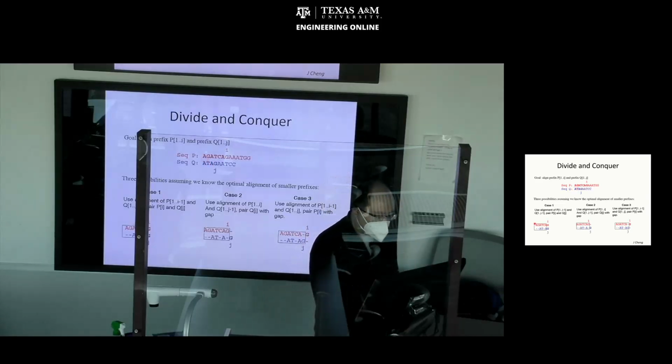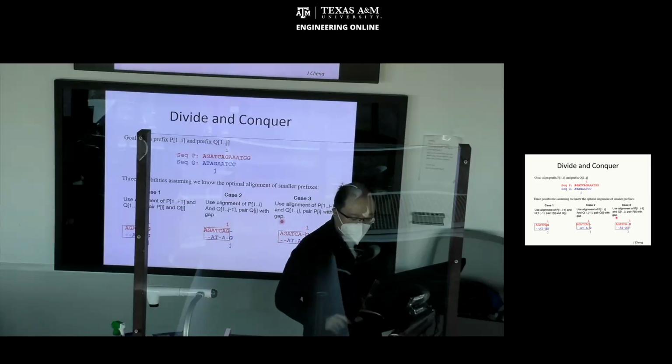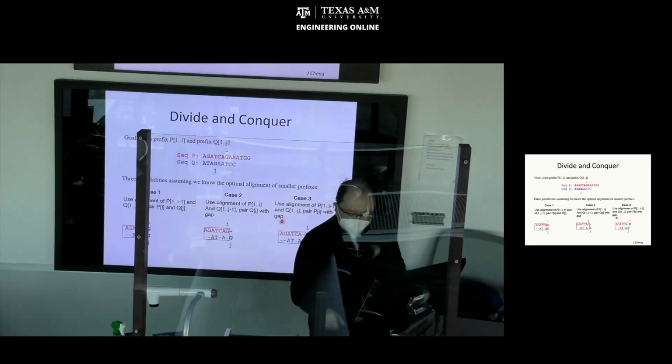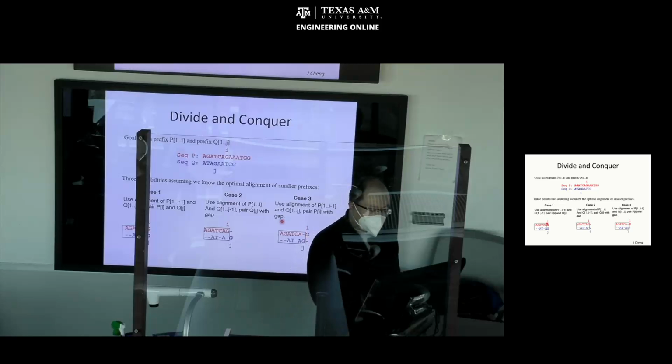That's already in the box, okay? If we already know the optimal alignment, then you have to make a decision, and you have three choices for that decision, okay? Either you next align a character from P and a character from Q. That is aligning what? Pi and Qj, right?